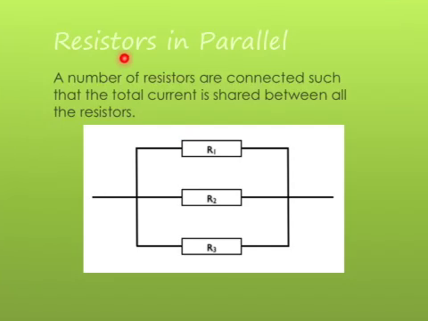Now we have resistors in parallel. A number of resistors are connected such that the total current is shared between all the resistors. Here we have three resistors in parallel, and the current coming along is split three ways at this junction, and then these three currents rejoin to form the original current again.